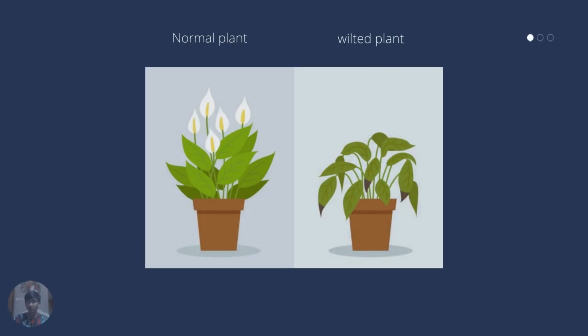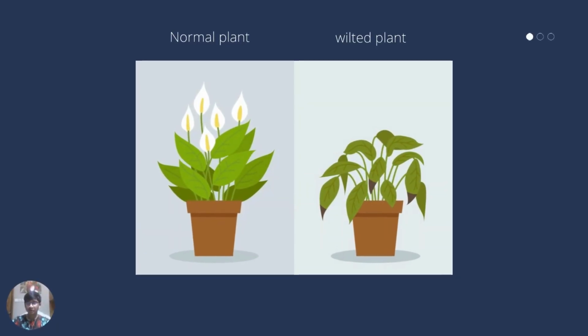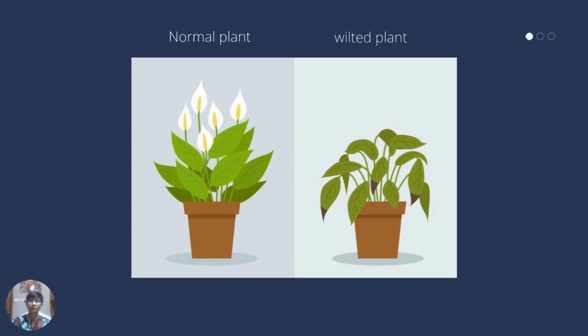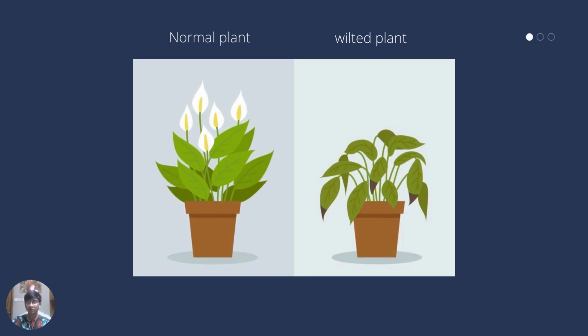Now, lastly, these two pictures show us how a normal plant and a wilted plant look. In a normal plant, the air outside is not so high in temperature, so the transpiration is at normal rates, and water uptake is still greater than water loss.